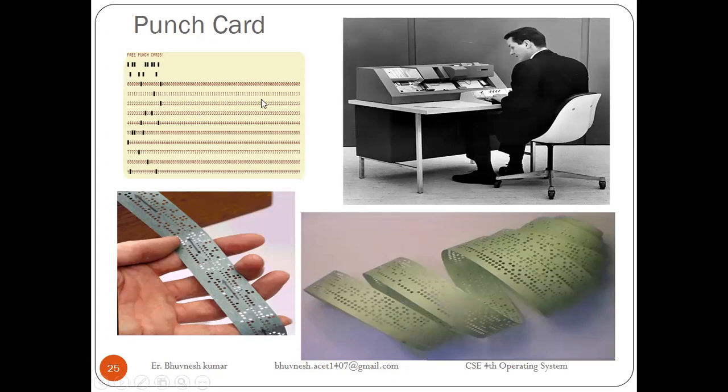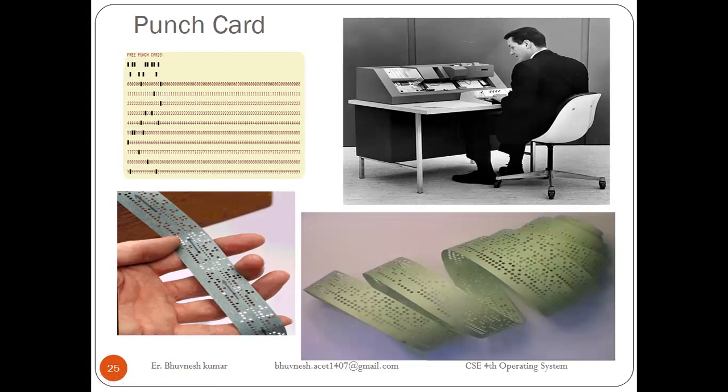The card has holes, and they represent some code. This tape will be placed in your tape drive, and your batch processing system looks like this. This tape will be placed in your system.